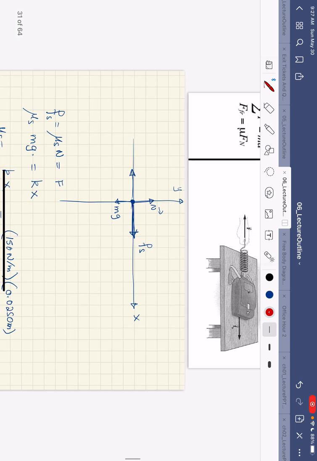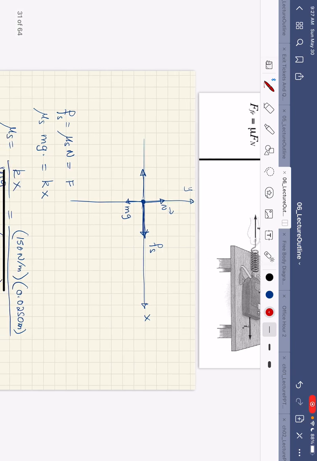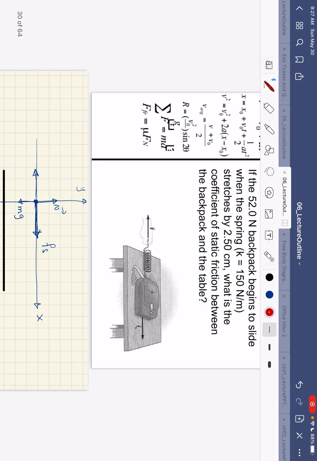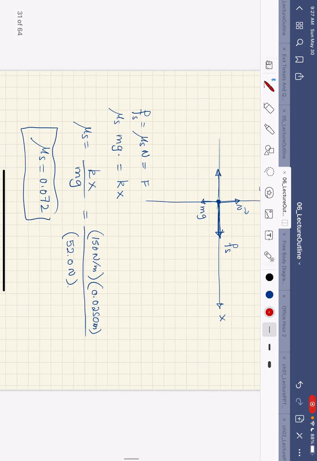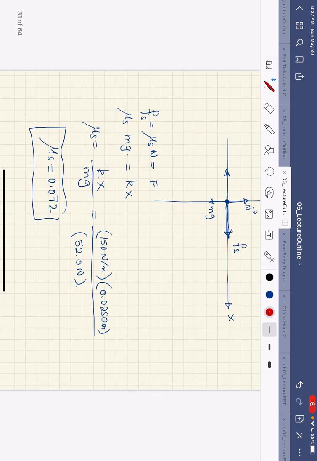It is Fs equals mu s times N. We want it when the backpack begins to slide, and this is the reason why I will use the maximum value of friction. Let's write this maximum here. And that, of course, is going to be equal to the force by the spring, and then mu s m g equals k x. Then I will be able to find mu s as k x divided by m g.